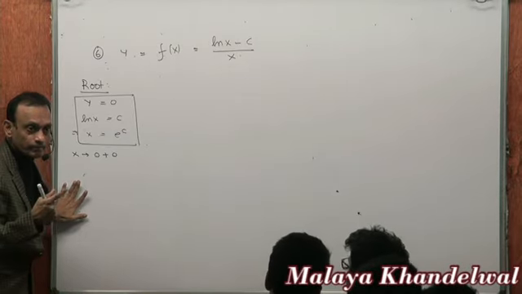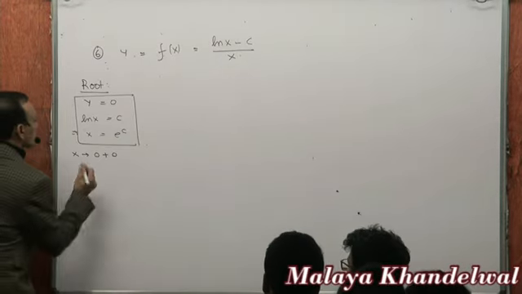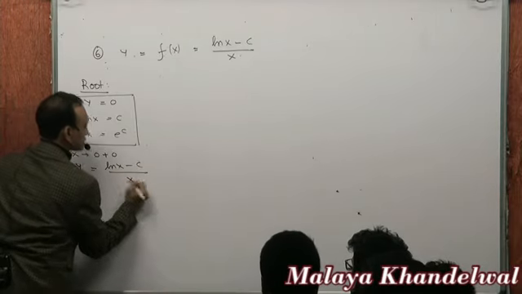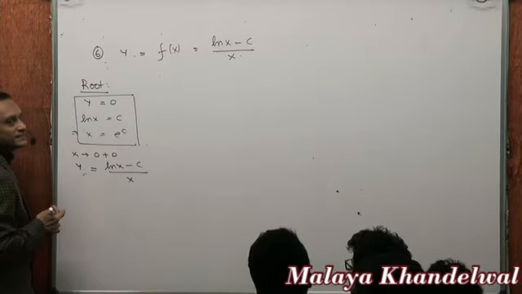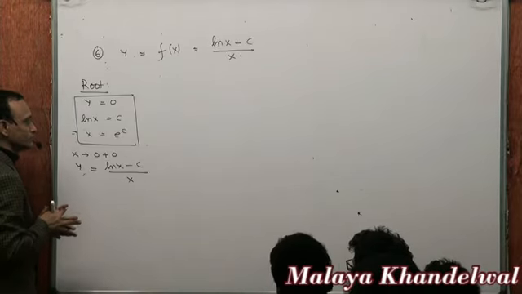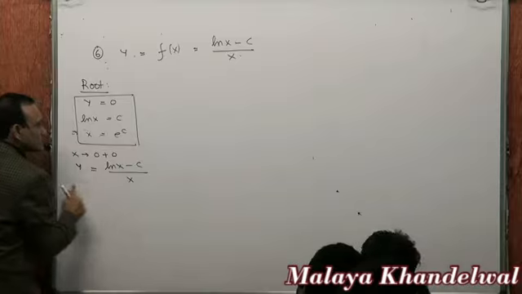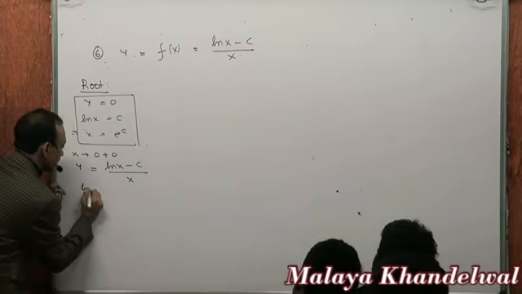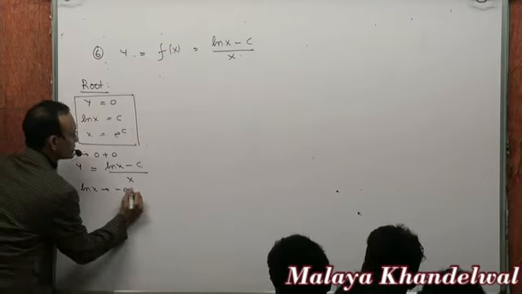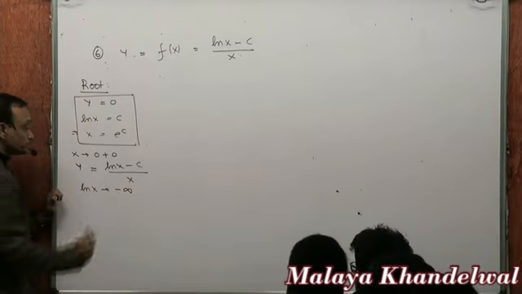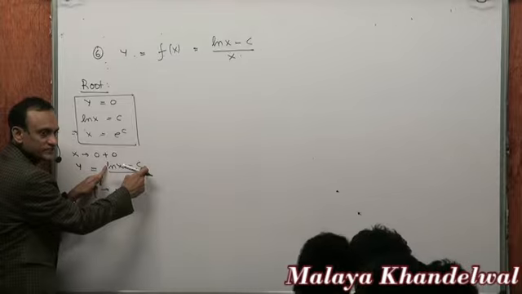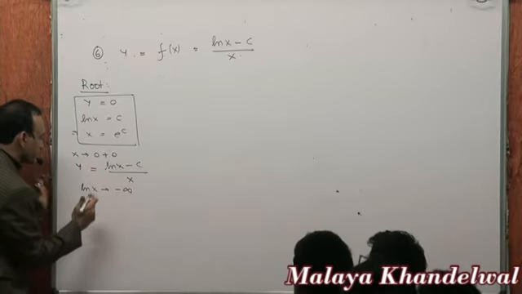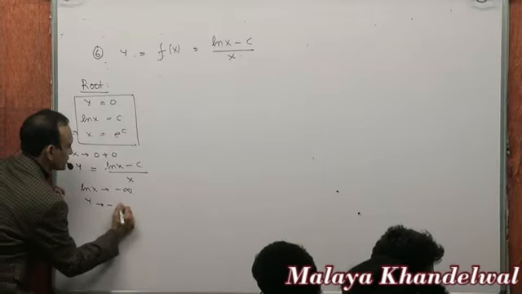So the numerator tends to minus infinity, the denominator tends to 0, so y tends to minus infinity.